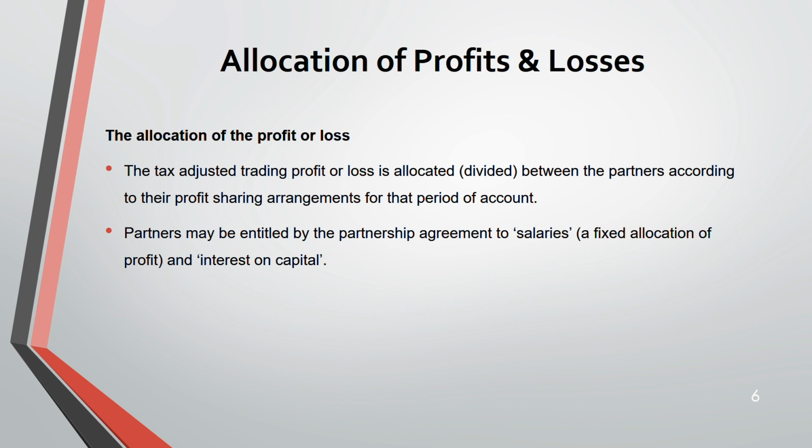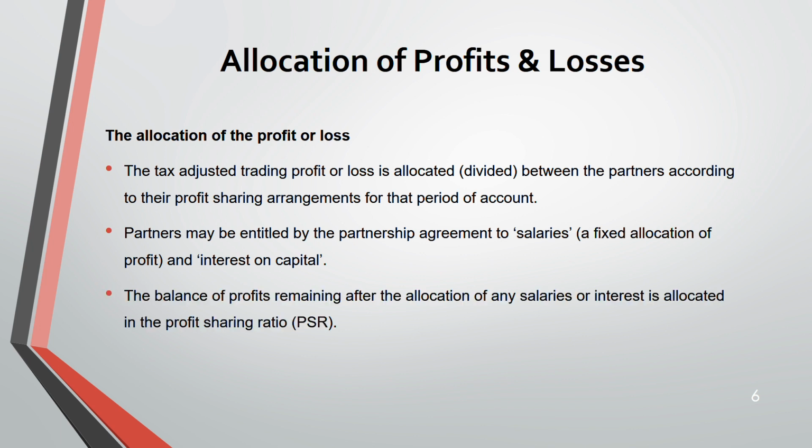And for interest on capital, they will give you the capital and the interest rate, just calculate interest on capital. Then the balance of profit after you pay off salary or interest is allocated in the profit sharing ratio, PSR. First, you allocate a fixed salary and interest. After that, only you allocate in the profit sharing ratio. We'll do questions on this.